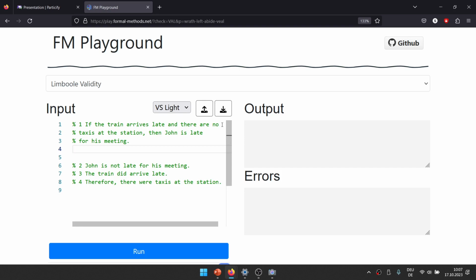Again, we have to agree on some variables, right? So maybe train late, taxi, and John late, something like that. Those were maybe the ones that we had. Who wants to give me the first sentence?